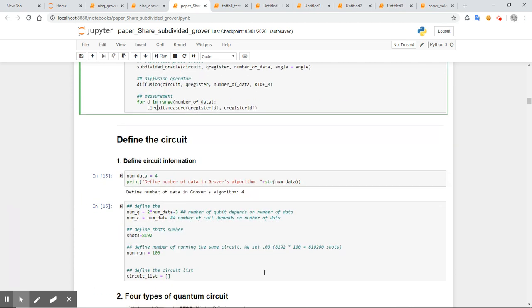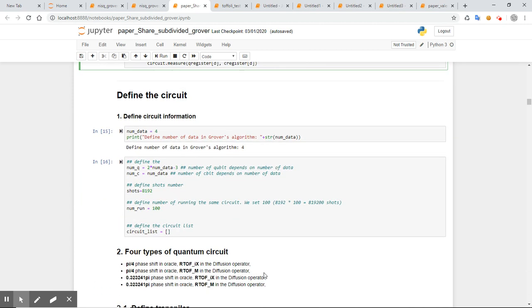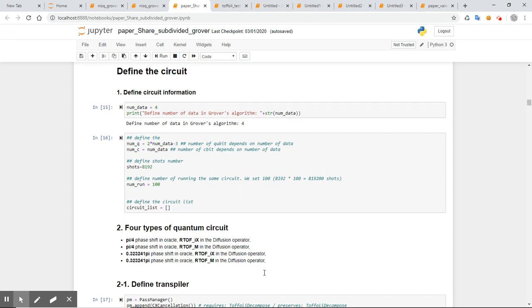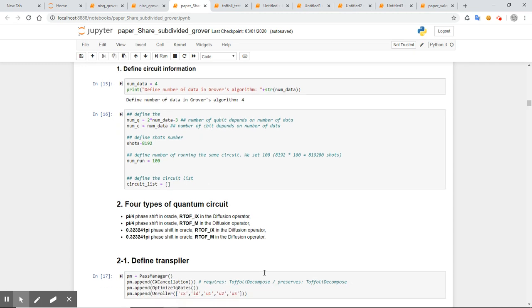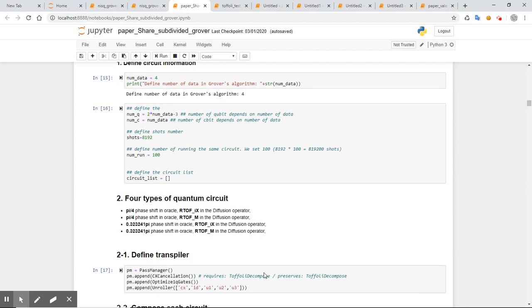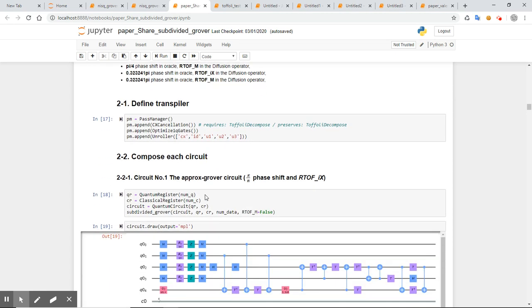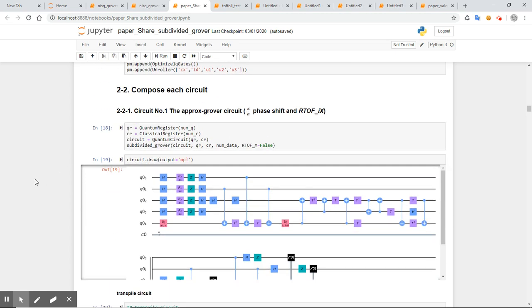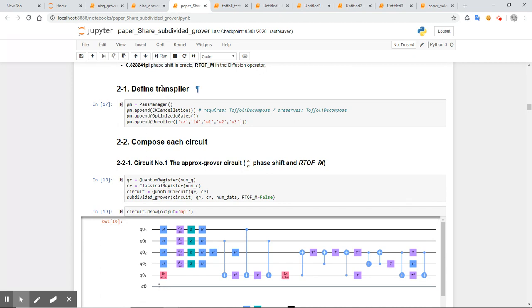Yeah, and then define the circuit. So the code seems really to be: define number of data in Grover's algorithm, shots, 4 types of quantum circuit, define the transpiler. So here they take a look at Toffoli decompose, preserve Toffoli decompose, optimize 1Q gates, unroller.